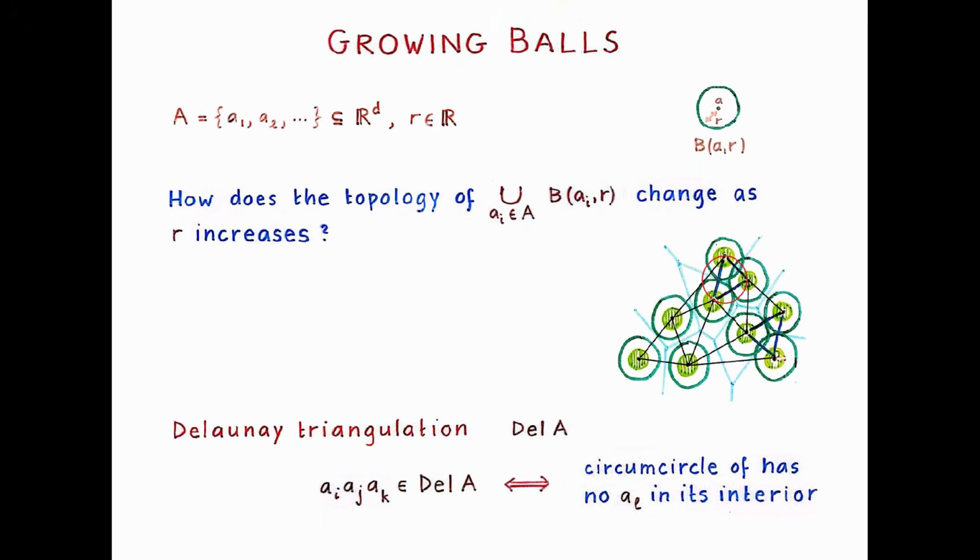But after a while, there will be pairs of balls that touch each other. There will be triples of balls that have a point in common, and so on. And whenever there is a topological change in the picture, you take note of it. There will be finitely many such moments, and you want to record that.